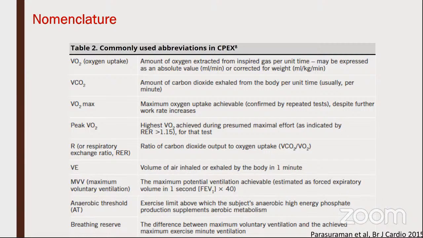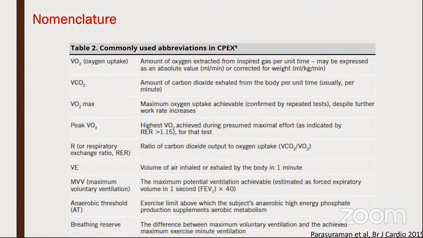It is expressed as milliliters per kg per minute usually. In the same manner, you can measure the amount of exhaled carbon dioxide, which is the VCO2.